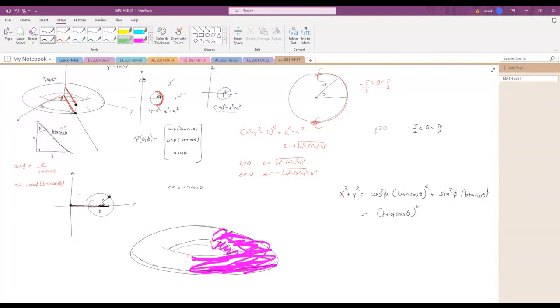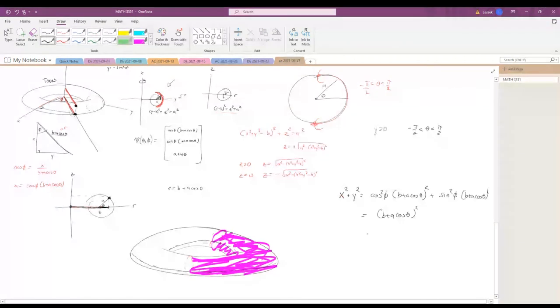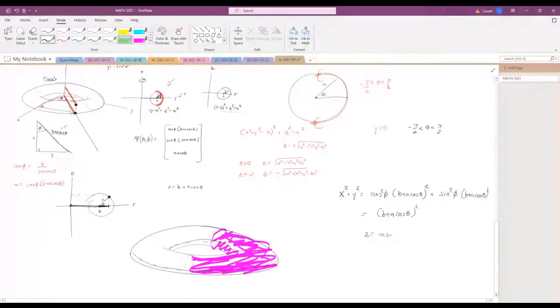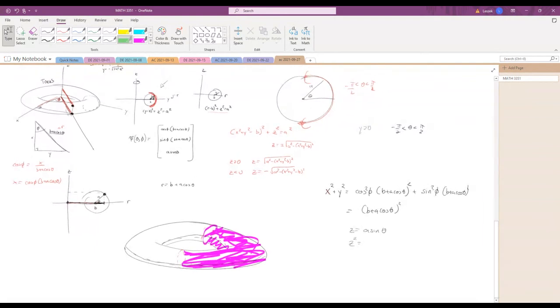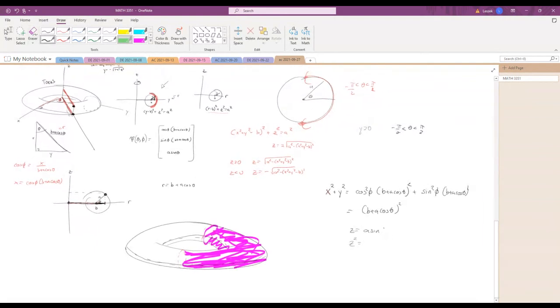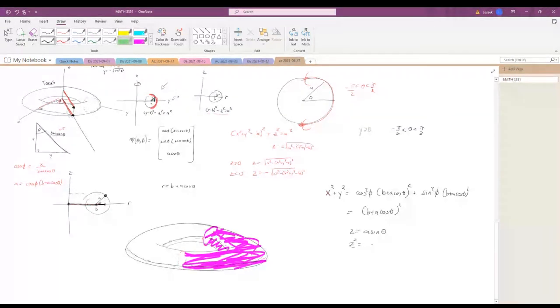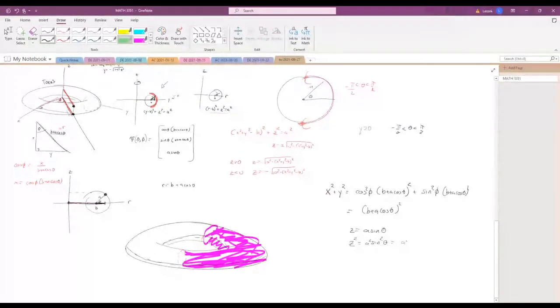Okay. But then z is equal to a sine theta. So let's maybe square both sides. And by the way, sine is not necessarily positive. Okay. So then we're going to square both sides and use the Pythagorean trig identity here.